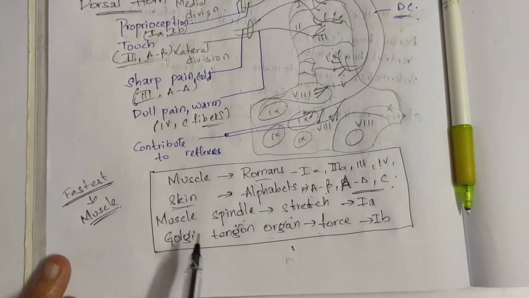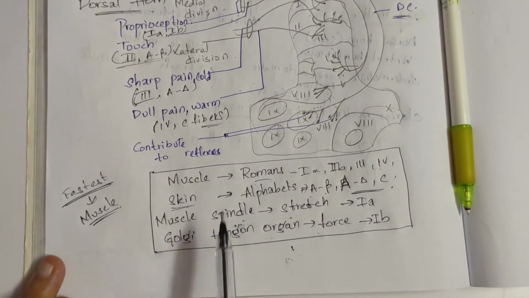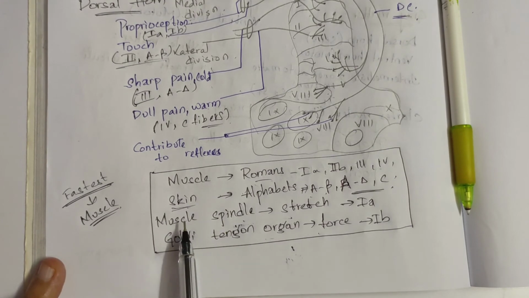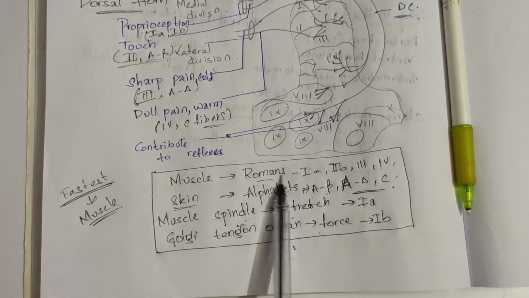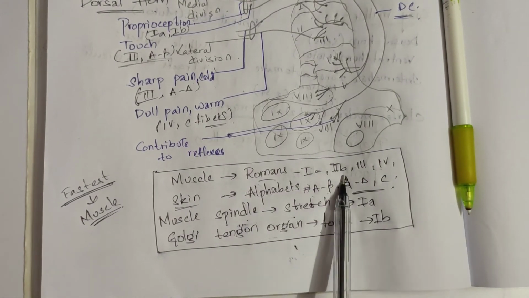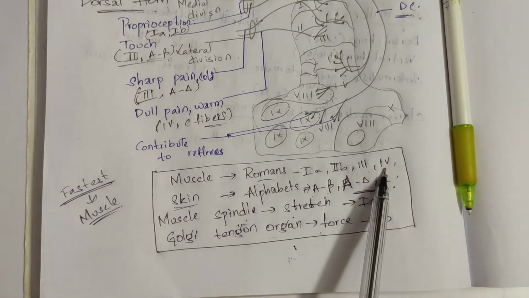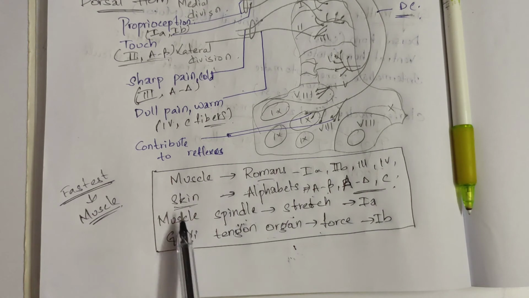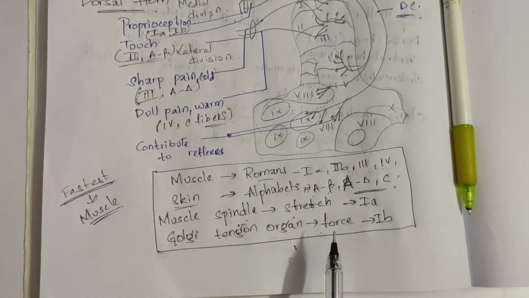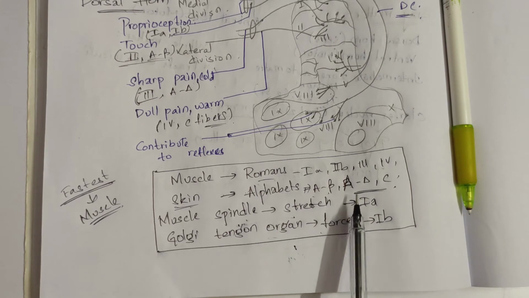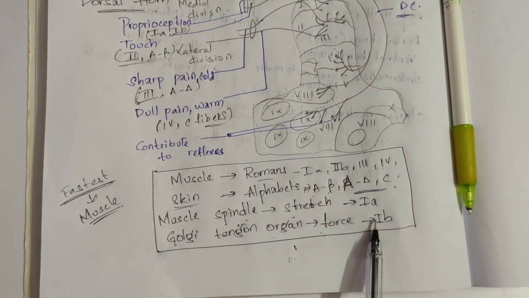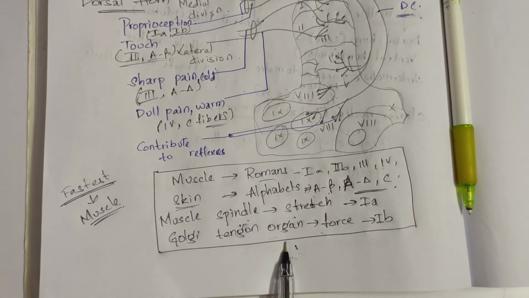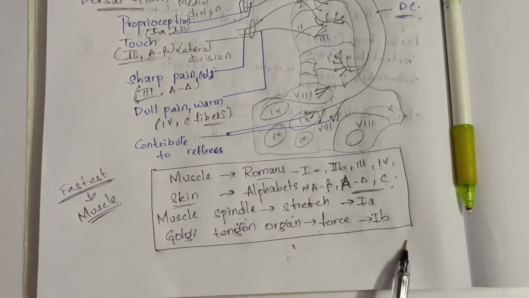I'm repeating all this once again because these are high yield. The muscle-derived fibers are written in Roman numerals: 1A, 1B, 2, 3, 4. The skin-derived are written in alphabets, like A beta, A delta, and C fibers. Muscle spindles respond to stretch, and are 1A, and Golgi tendon organs respond to force and are 1B.